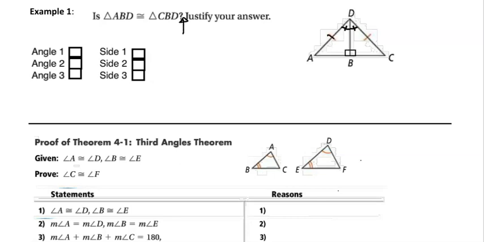Well, we know that this is congruent to that, so I can check off a box for a side. Oh, this is when the reflexive property pops in. Look at this. This side is shared by both, so obviously it must be congruent. The side for that one must be congruent to the side for this triangle because it's a shared side. So by the reflexive property, those are congruent.